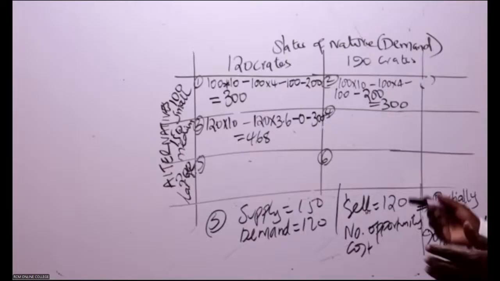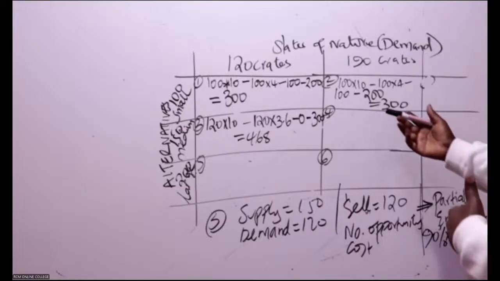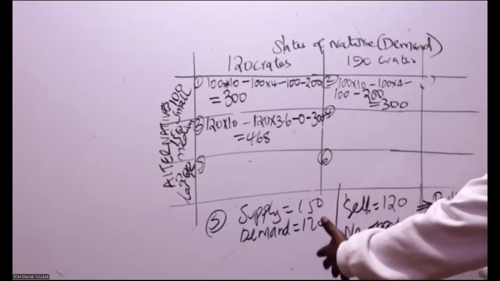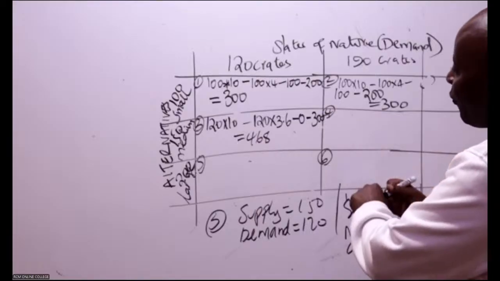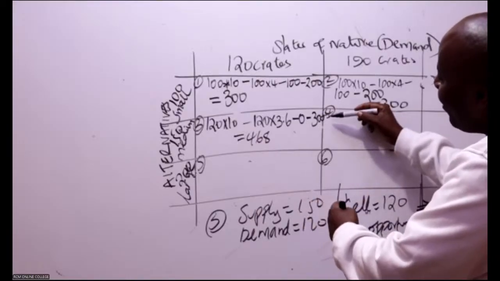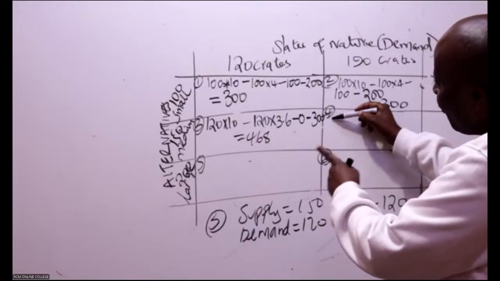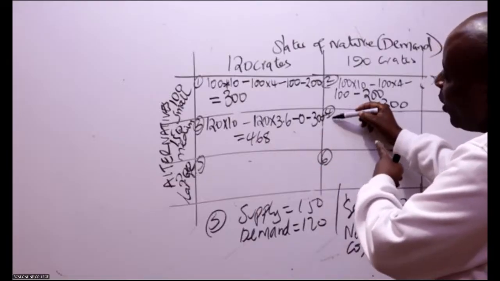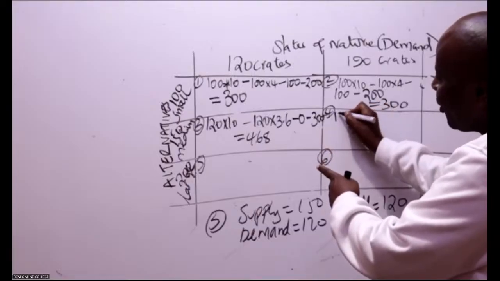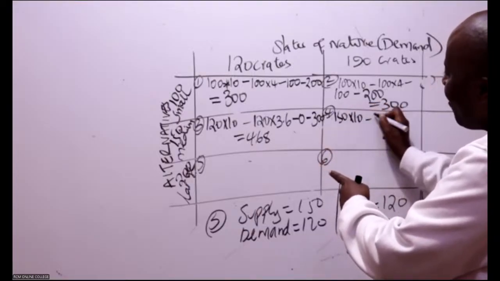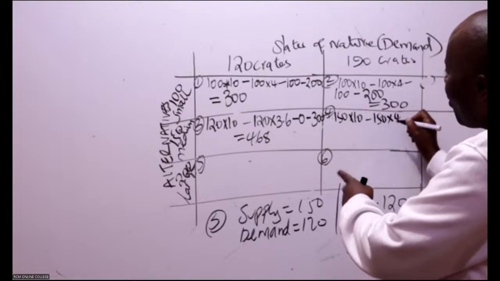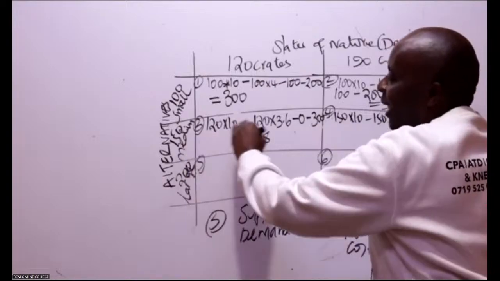So now they finish all the others. I can now do this without a lot of write-ups here. So, for example, when I go to number 4, as a bright student, I'm able to place my pen here and see 150 versus 190. So I will sell 150. So 150 times 10 minus 150 times 4, because this van is at full capacity.